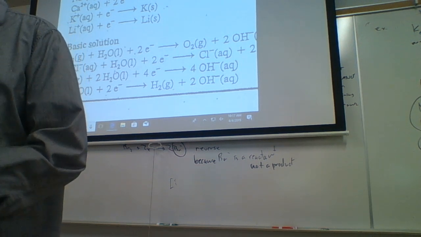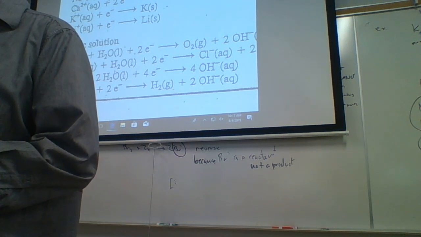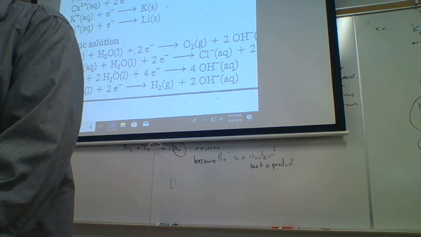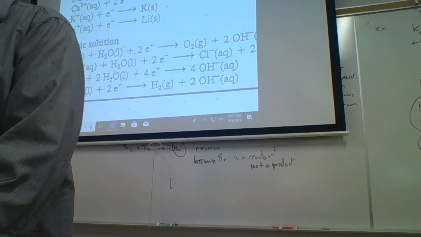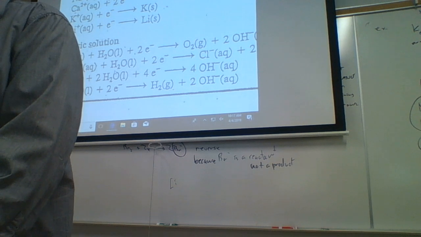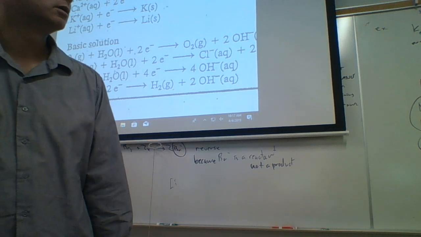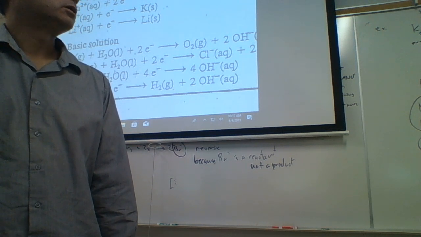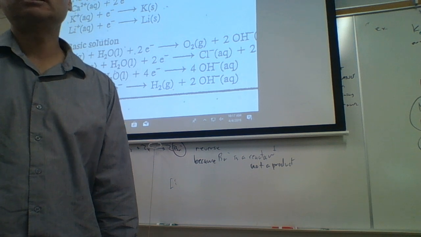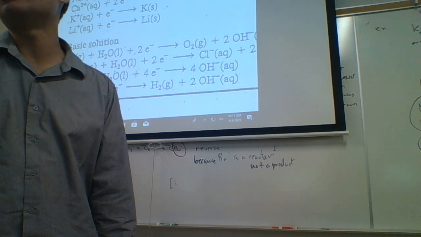All right, so those are the exceptions. The exceptions are because the roles are misassigned. And I give you the 3 common misassignments. One, where A is not a reducer, A is an oxidizer. Two, where B is not the oxidizer, X is the oxidizer.